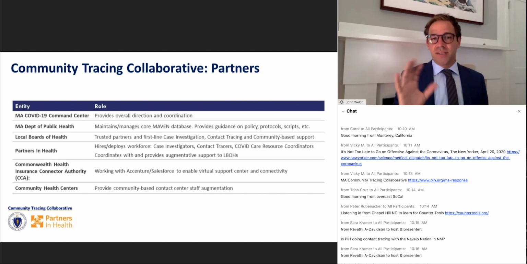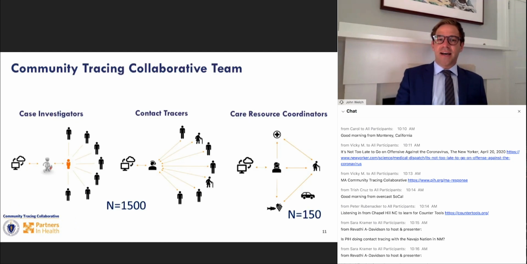Who have we hired? What does our workforce look like? We've hired case investigators, contact tracers, and resource coordinators. Very briefly, our case investigators and contact tracers, those are the folks doing the daily work of receiving positive test results, making an assessment of how those folks are doing, all through scripts and protocols designed and approved through our DPH colleagues.